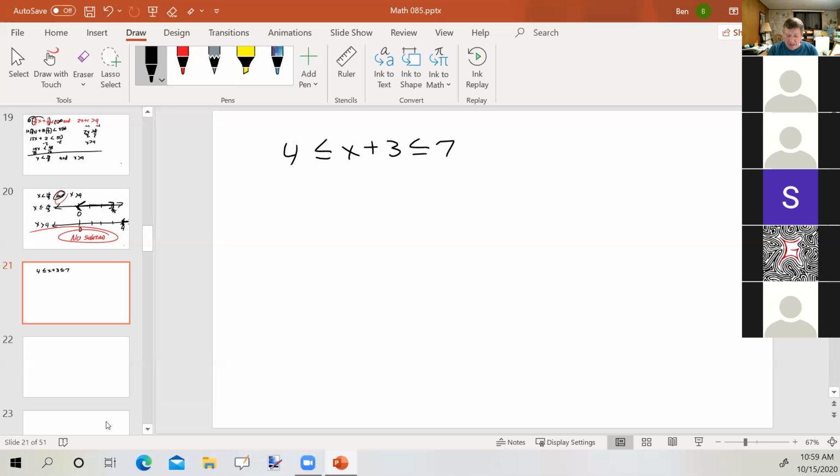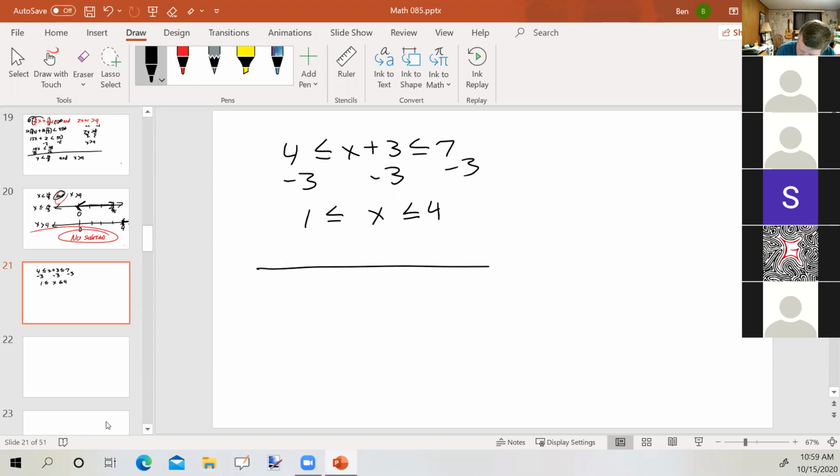But there's 3 pieces. There's the left end, the right end, and the middle. Whatever I do in the middle, I have to do to the left and the right end as well. So now I've got 1 less than or equal to x less than or equal to 4. So there's your solution, the graph of that.